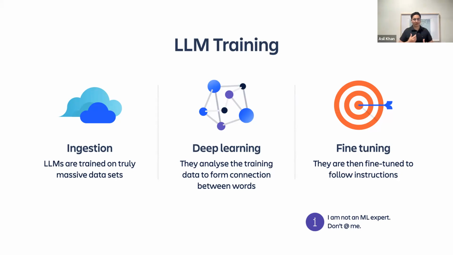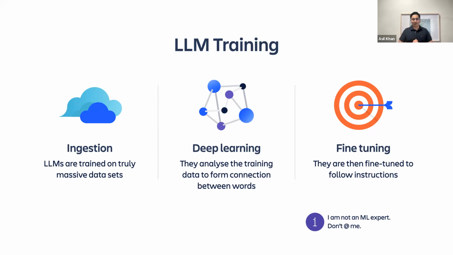After all this data is ingested, the creators of the LLM use it to train a deep learning AI model and basically analyze all the training data to form connections between words and try to make it predict the next word in a sentence.